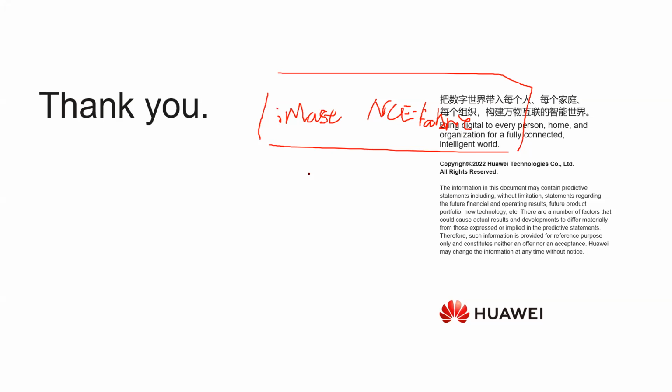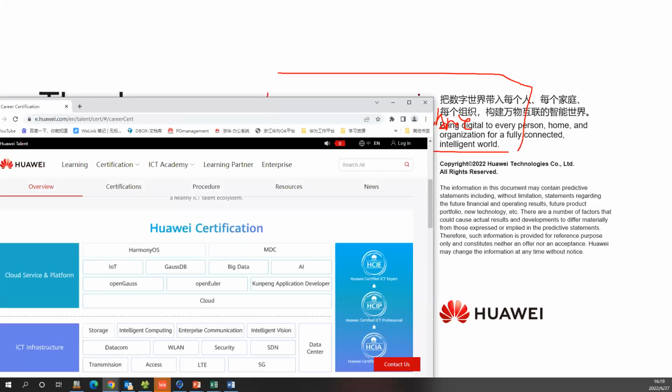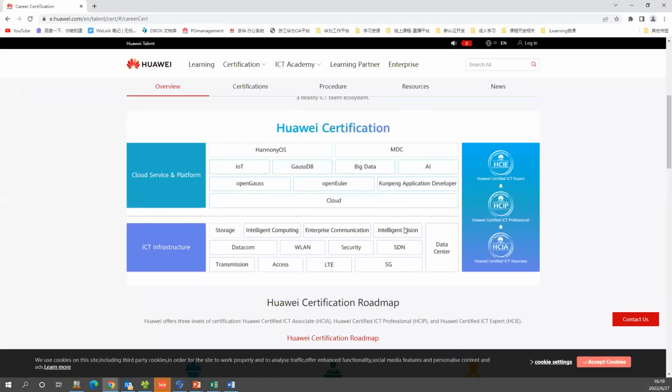And the difference between the DC and the DCN: these two certifications are just two different certifications. This is our Huawei certification. The DC, the data center certification, is here, and the DCN is here.